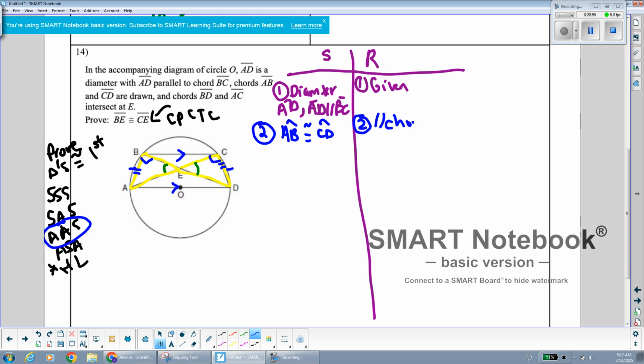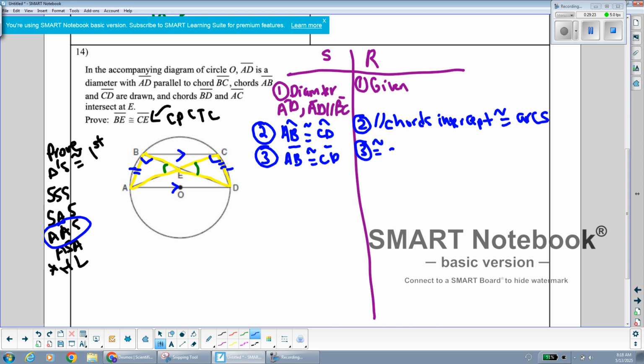Parallel chords intercept congruent arcs. And from that, we were able to say that the sides that we needed, segment AB and segment CD, are congruent. The notation is very important. We were talking about arcs, and now we're talking about the segments, two separate things.